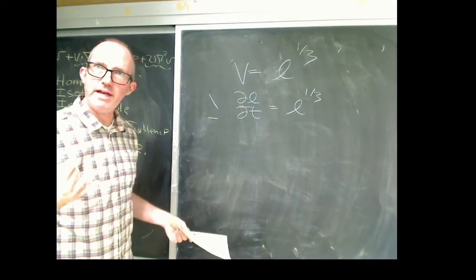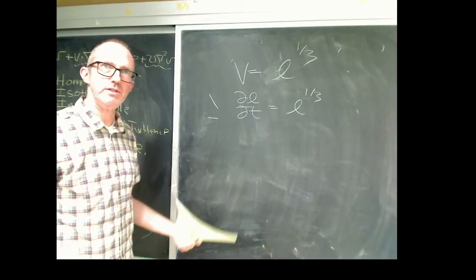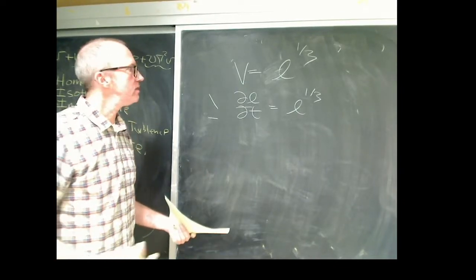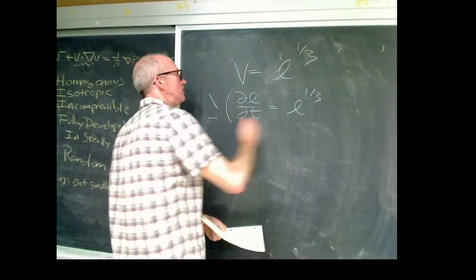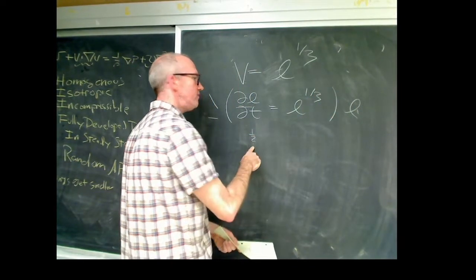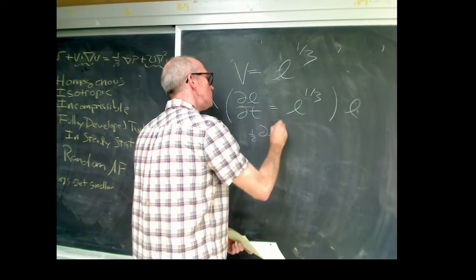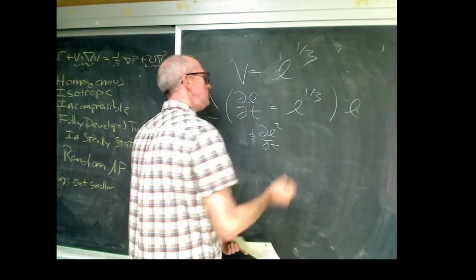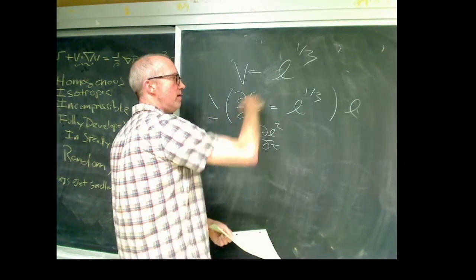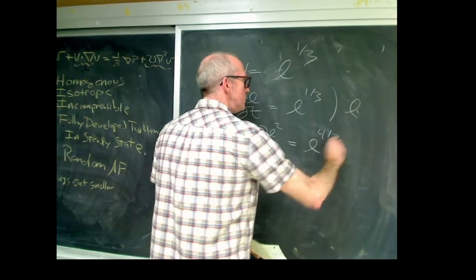I don't want L, I want L squared. I want the mean squared separation between 2 points. So I'll just dot this with L, and I'm left with 1/2. I'm going to throw this 1/2 away in a second just because I don't care about it. dl squared dt, I just multiply L, which is x squared, equals L to the 4/3.